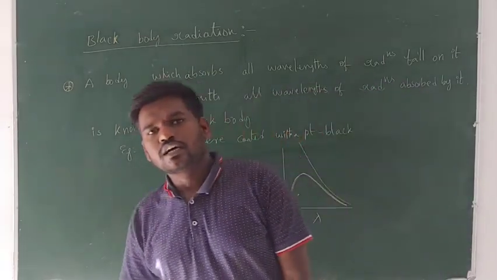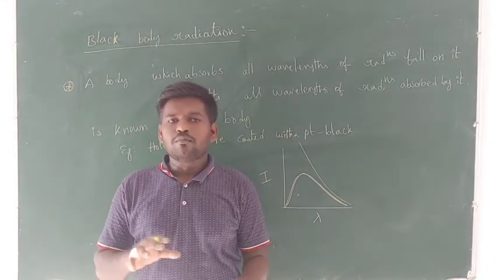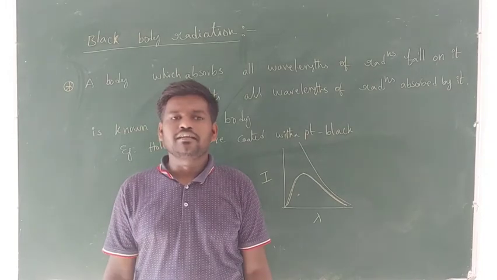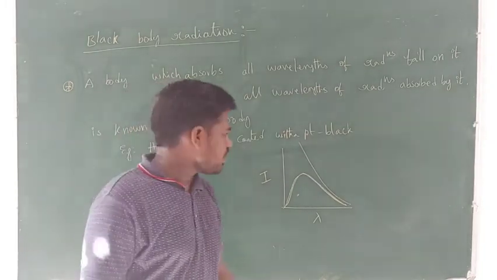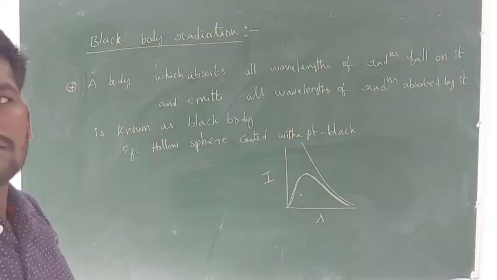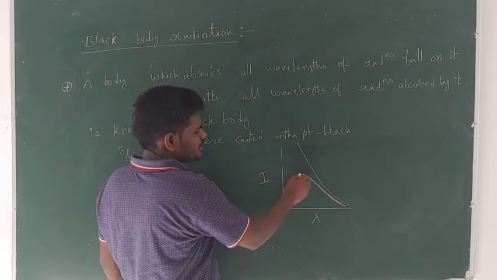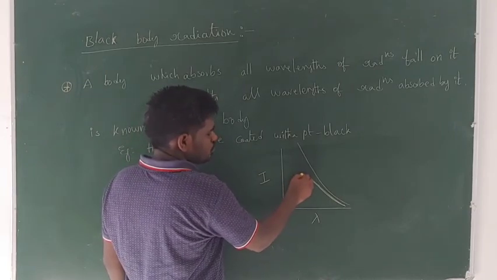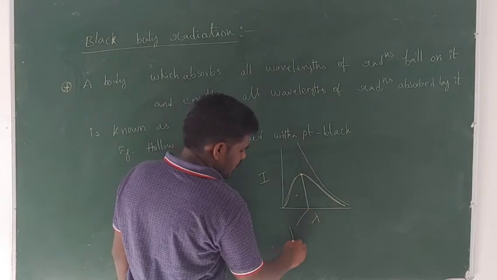So emission or absorption by a body takes place discontinuously. Where the intensity is maximum, this peak is known as lambda maximum.